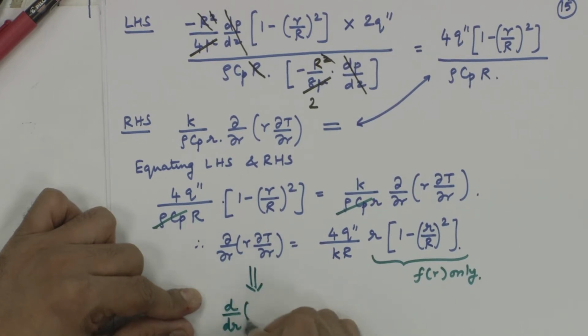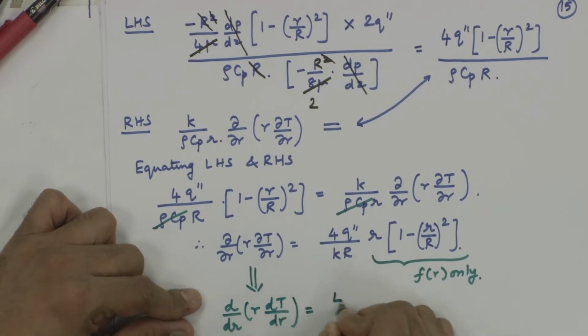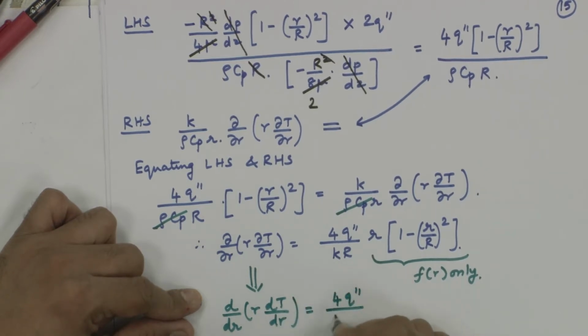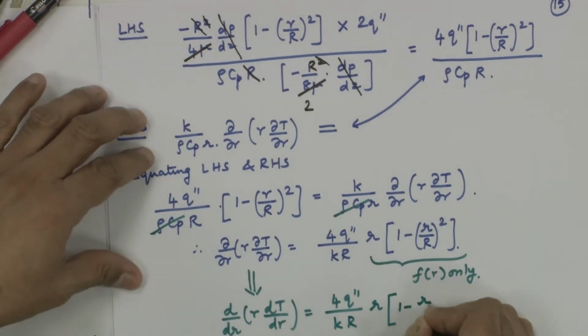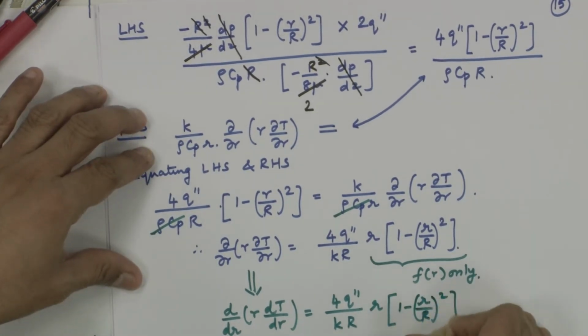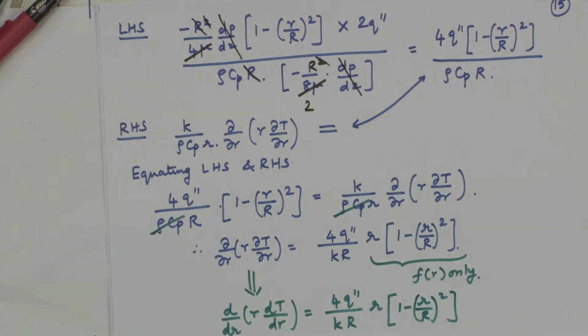So, this becomes d by dr of r dT by dr, instead of partial derivatives, they become regular derivatives, equal to 4 q double prime by k capital R, r into 1 minus r by capital R whole square. Now, it is a matter of just integrating. So, slide number 16.